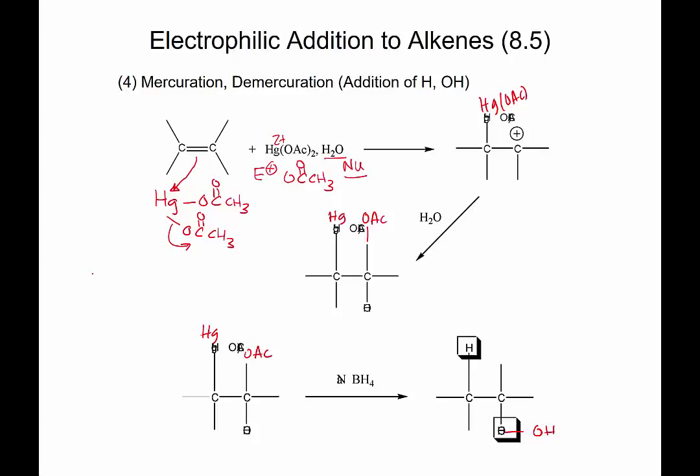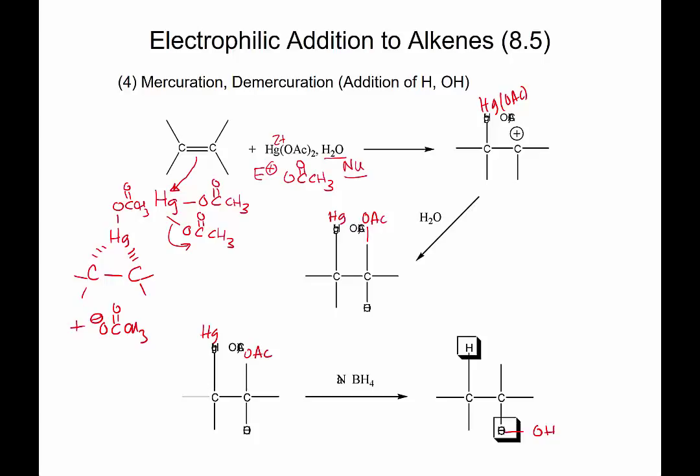So I would have the carbon bonded to the mercury, which is then bonded to the other acetate, and my other acetate would leave as a leaving group. So there's my triangular intermediate, and I'll just go right to the triangular intermediate.